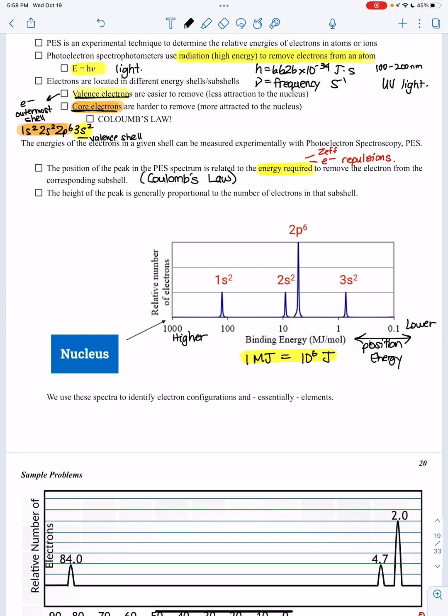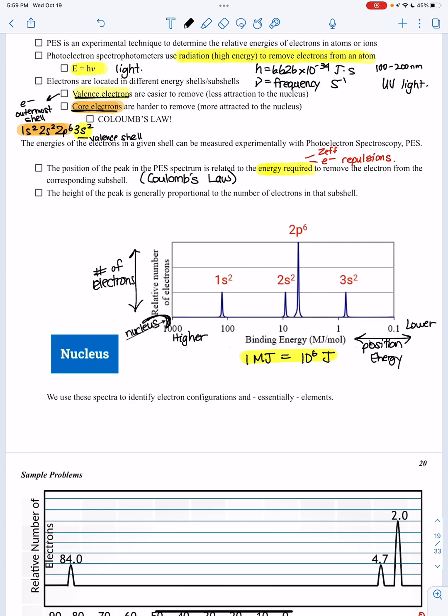And then the height of the peak, up and down, is going to be related to the number of electrons in each shell, or each orbital. That is going to help us get these different peaks that connect to the electron configuration. We like to make a note that maybe all the way over here is our nucleus.